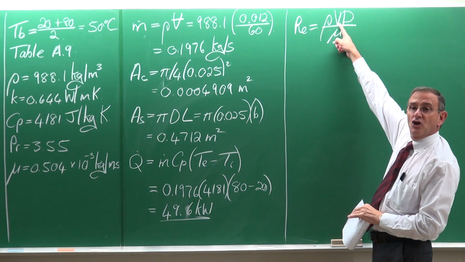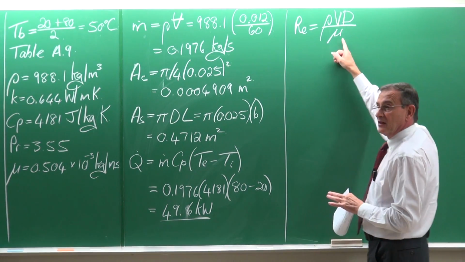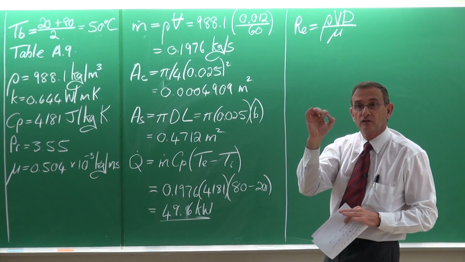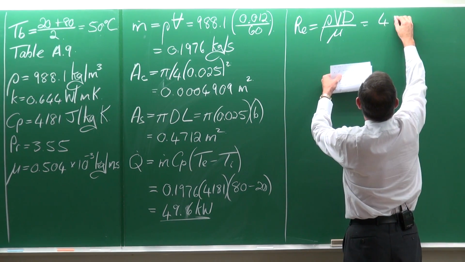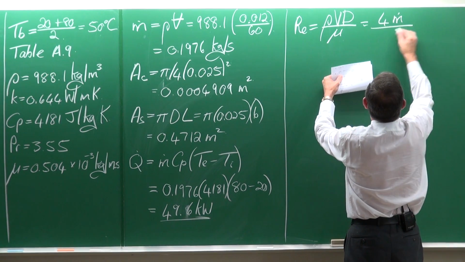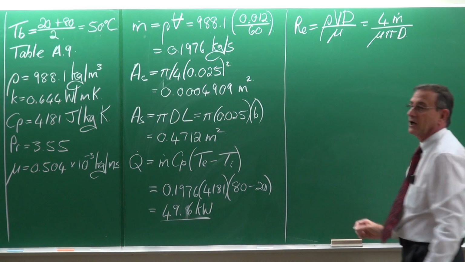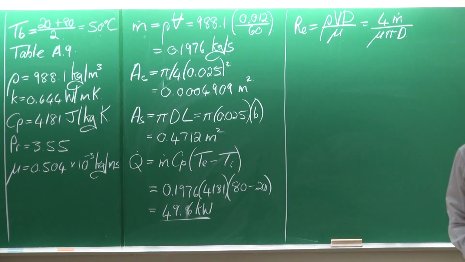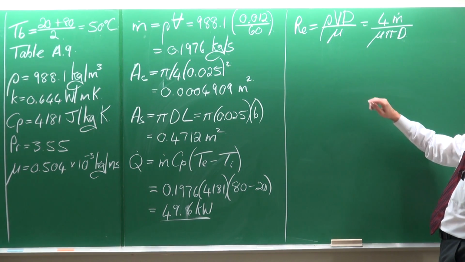We do not have the velocity at this stage, but for a circular tube, take note, you can write also the Reynolds number as 4 times the mass flow rate divided by the viscosity pi d. I hope you remember that. This is a very handy one to use.